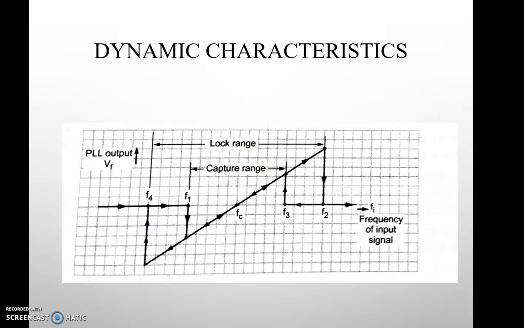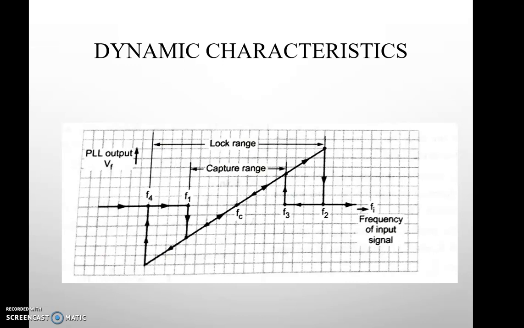Now we will see the dynamic characteristics. In the dynamic characteristics, we see that it will recapture the signal. Here you can see the PLL output VF, and we have the lock range. The lock range is from F4 to F2, and it is proceeding towards the input signal.